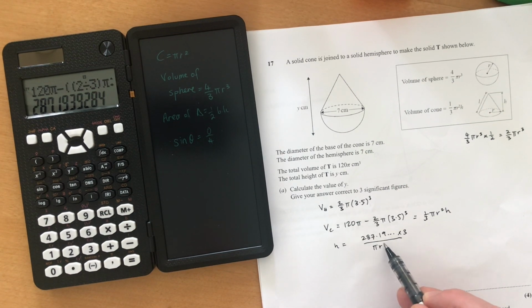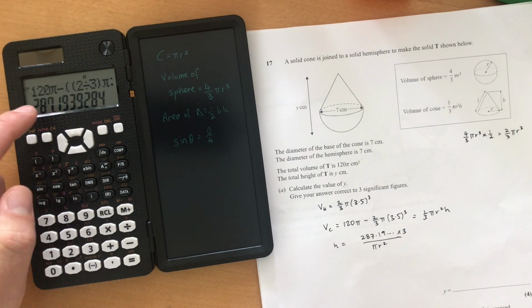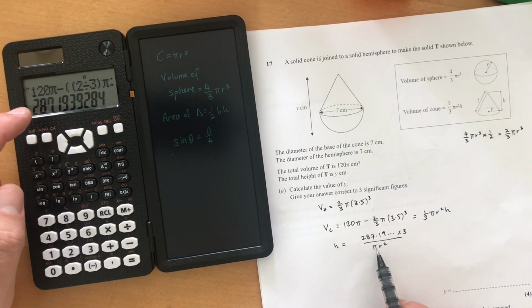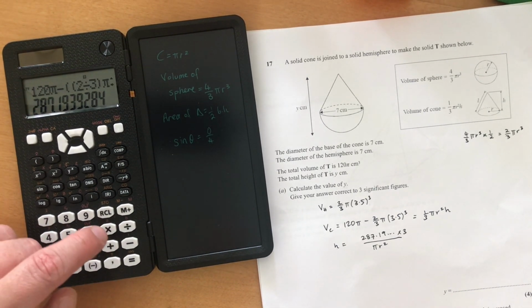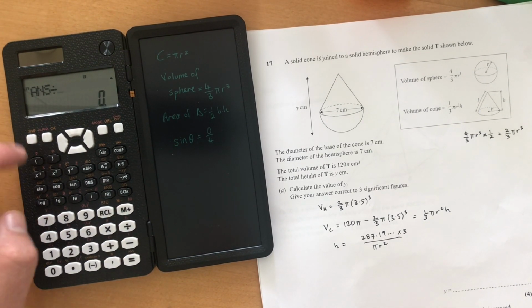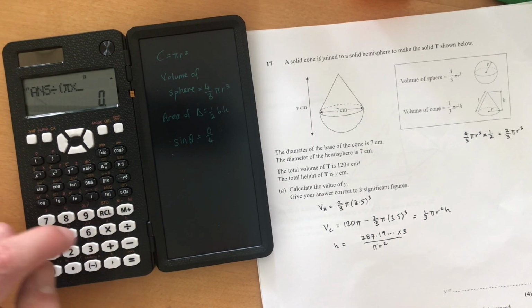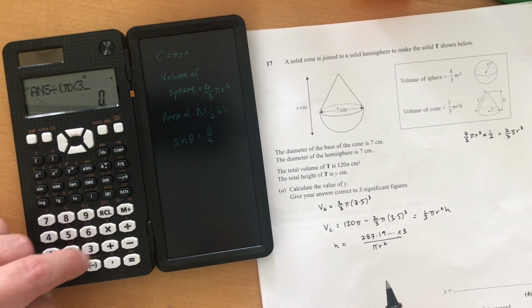Pi r squared, and that's going to give us our h. So we want to multiply this number by 3 and then divide by pi r squared. So multiply by 3, divide by pi, and r was 3.5 squared.